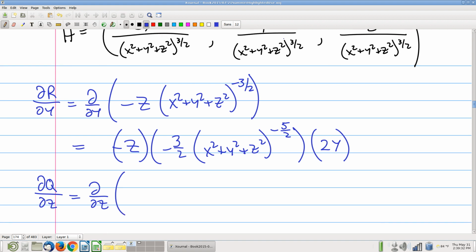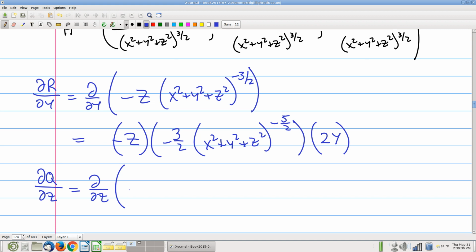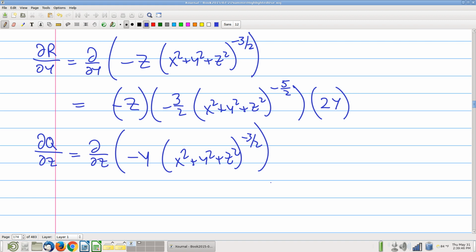So I'm going to rewrite with that in mind. And we're going to get a pretty similar looking answer, as it turns out. So we get the negative y, again, still a constant, so it just stays there along for the ride.